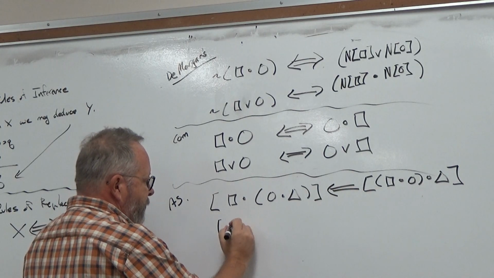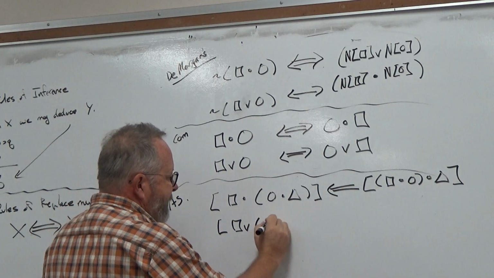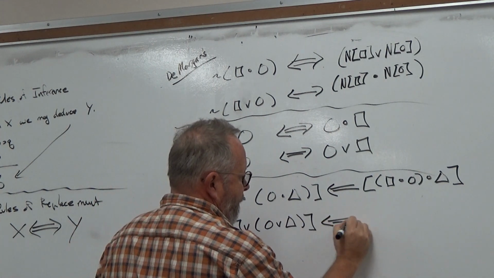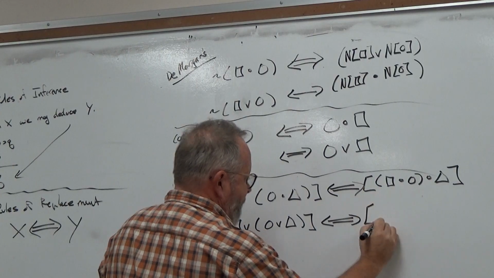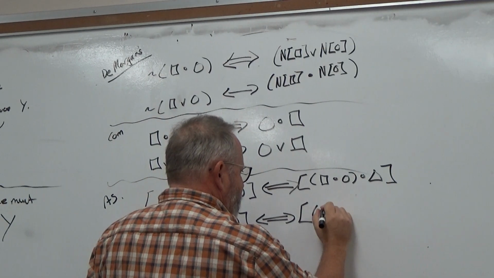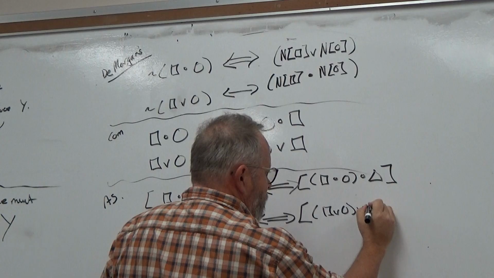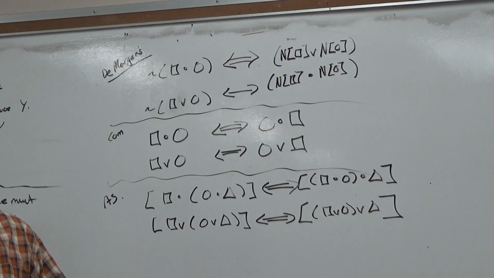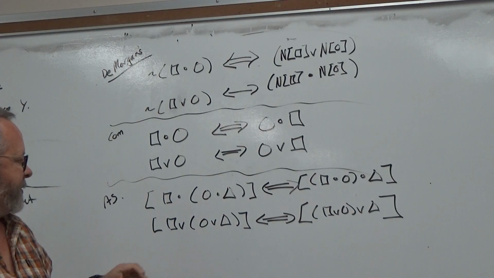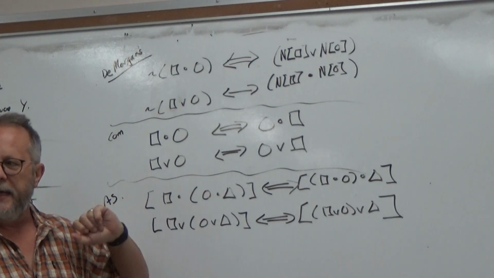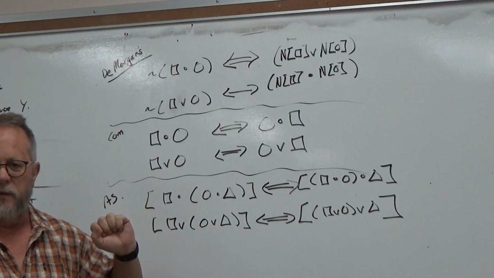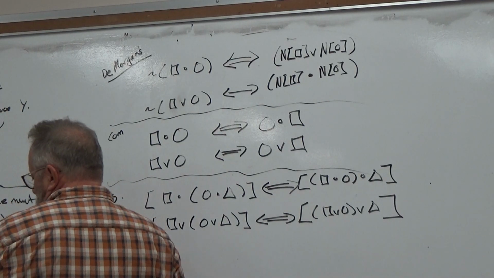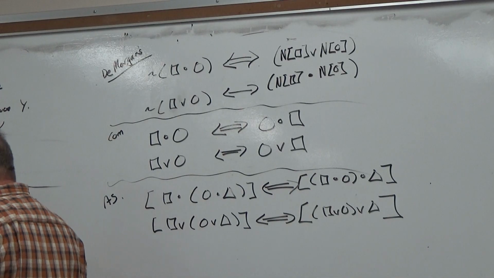We can also do it when we have a string of disjunctions. So I could end up with box or circle or triangle. Everybody get that? So notice it's all ands or it's all ors. We can't do it for mixed stuff.